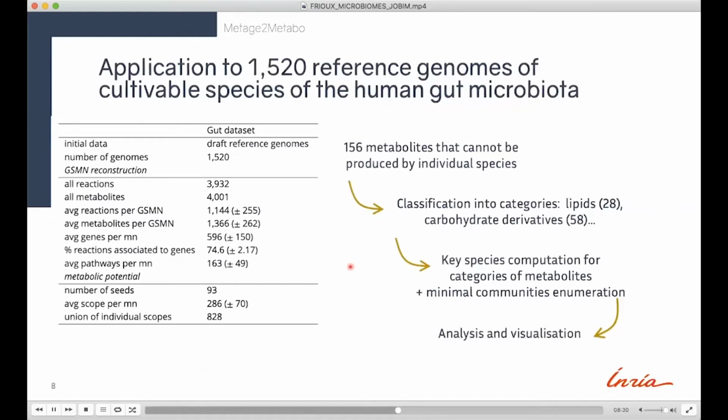We built metabolic networks for each of them and looked at metabolites that could only be producible through cross-feeding. We classified these 156 metabolites into 6 categories: lipids, sugar derivatives, etc. And we made them metabolic objectives for minimal community selection.